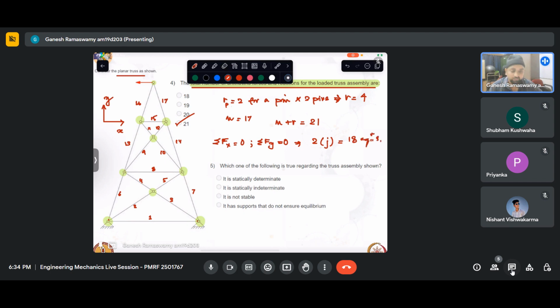So we can write 18 equations, but we have a total of 21 unknowns. So this is statically indeterminate. So the question says which one of the following is true. So it is statically indeterminate. So I hope that that is clear.